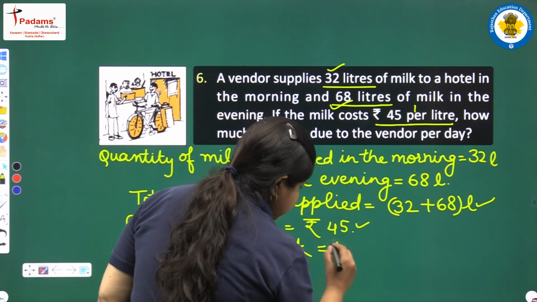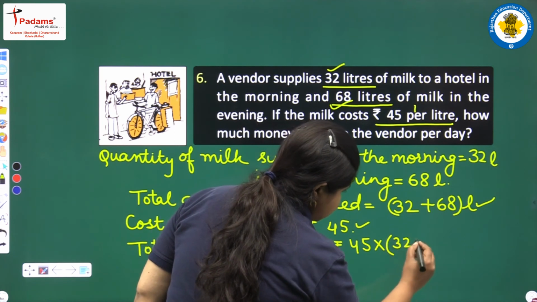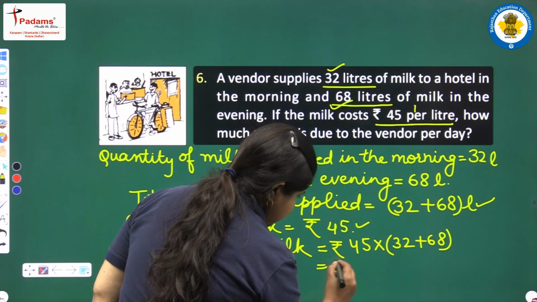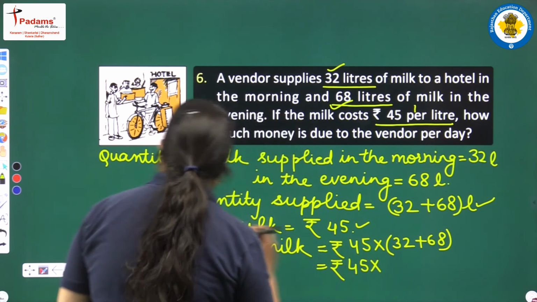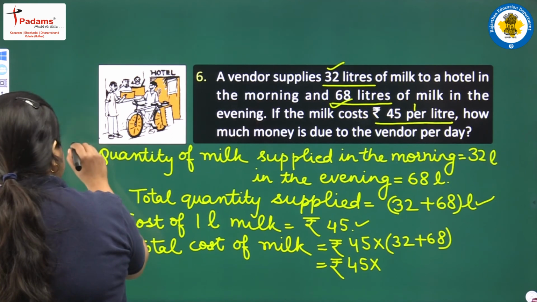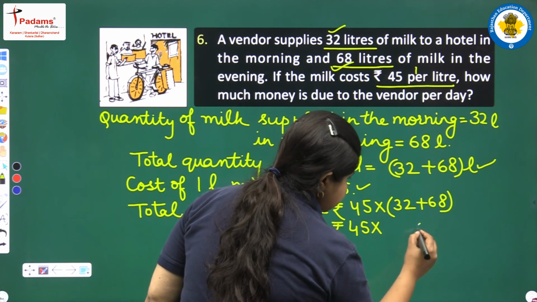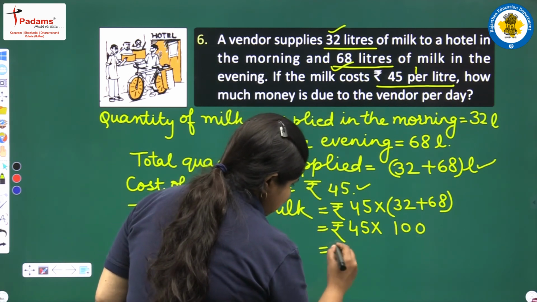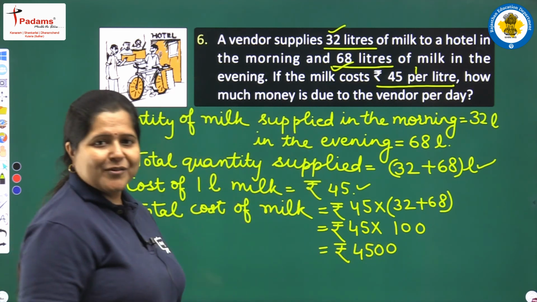So we write it as rupees 45 into 32 plus 68. Again we will add these two numbers in the bracket. What do we get? It will be 2 and 8, 10, 1 carried, it's 100. And now it's very easy. It will be rupees 4,500. The total cost of milk.